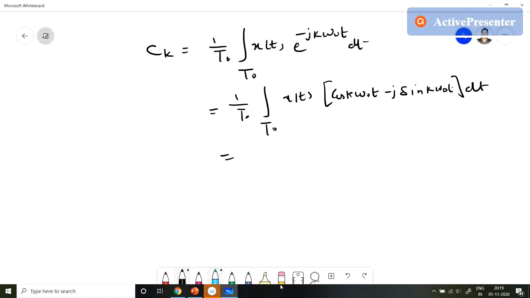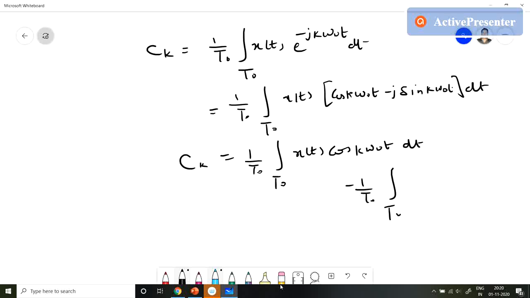Now we can separate this: 1 divided by t naught, integral of xt cos k omega naught t dt, minus j times 1 divided by t naught, integral of xt sine k omega naught t into dt.